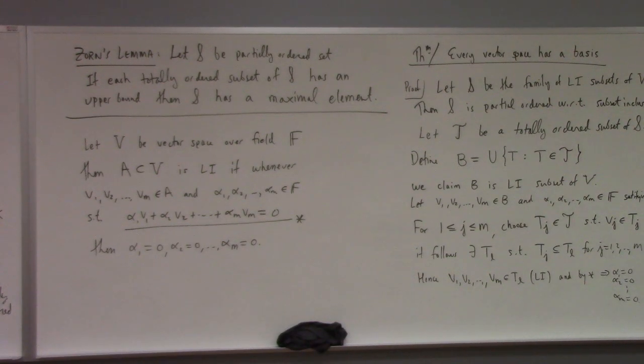He says that there have to exist vectors in A union V such that this holds because it's linearly dependent.